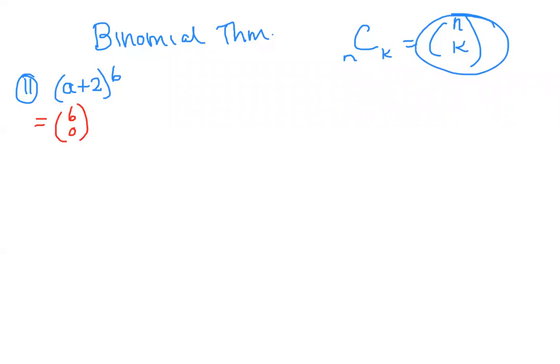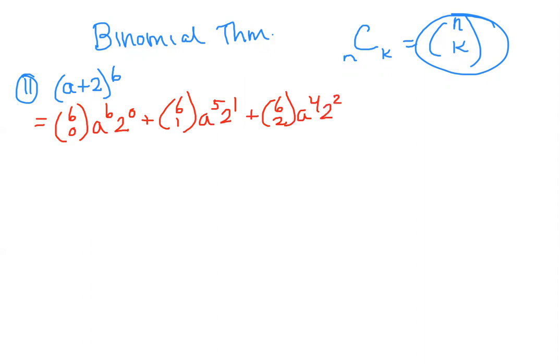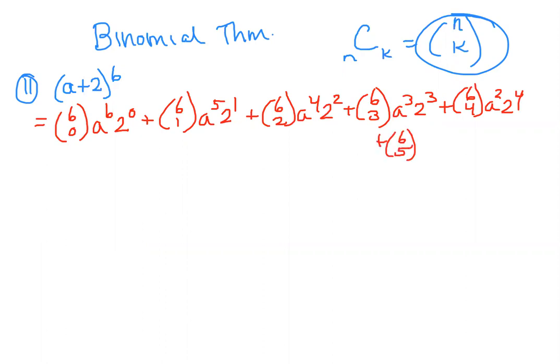6 choose 0, a to the 6th, 2 to the 0, plus 6 choose 1, a to the 5th, 2 to the 1, plus 6 choose 2, a to the 4th, 2 squared, plus 6 choose 3, a cubed, 2 cubed, plus 6 choose 4, a squared, 2 to the 4th, plus 6 choose 5, a to the 1, 2 to the 5th, plus 6 choose 6, a to the 0, 2 to the 6th.